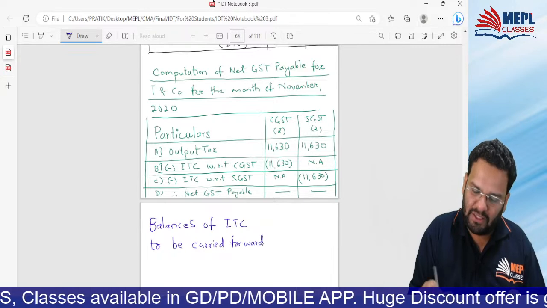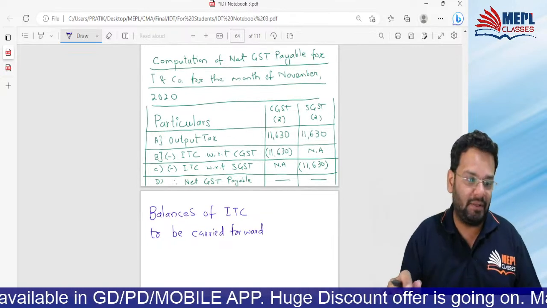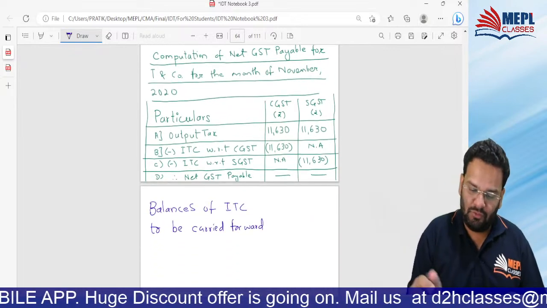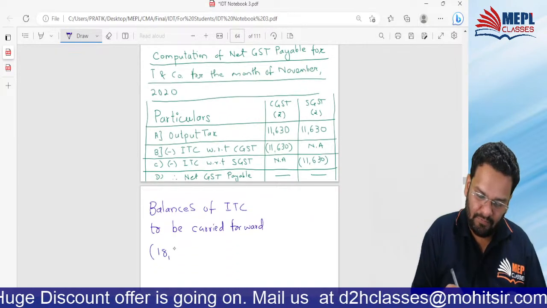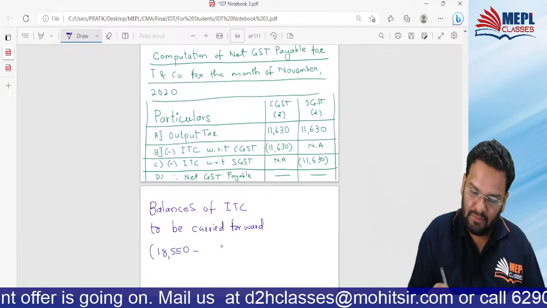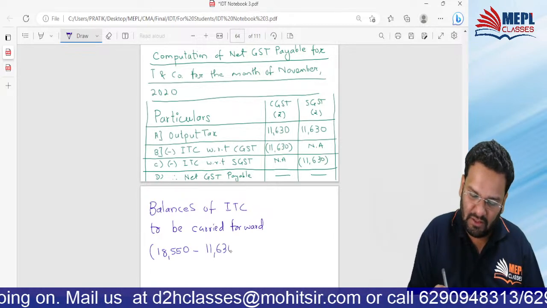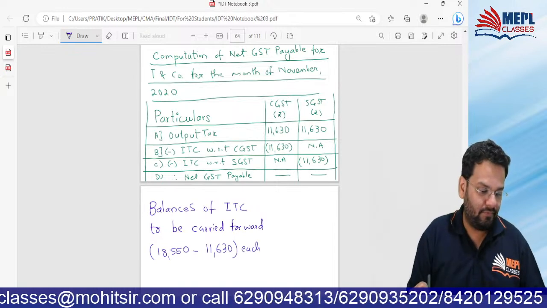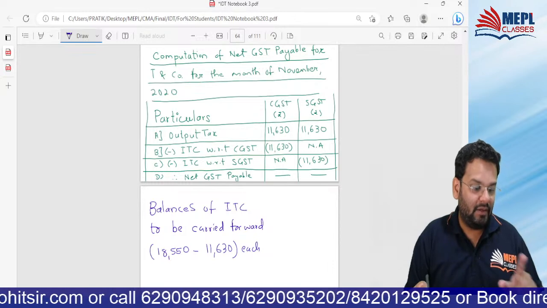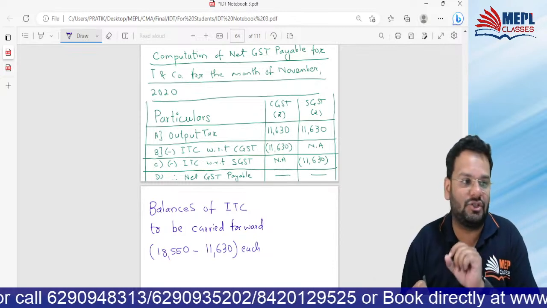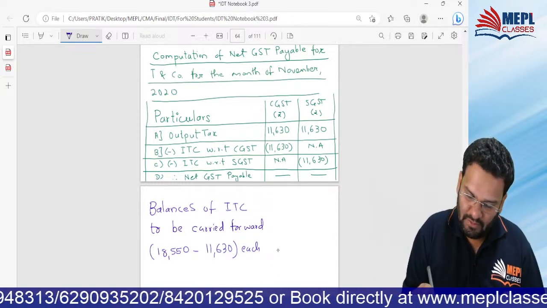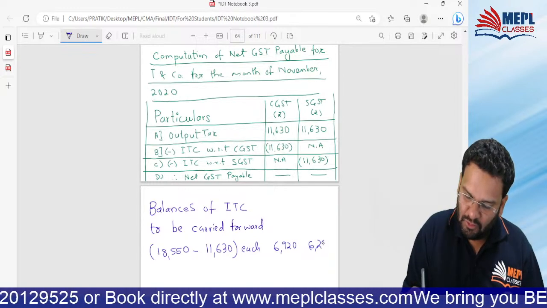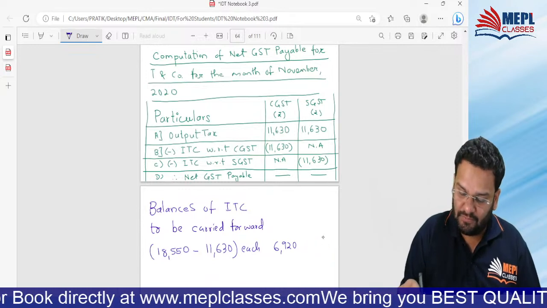Balances of ITC to be carried forward. Very simple. 18,550 was the ITC, but we have used only 11,630. So balances of ITC to be carried forward is 6,920 each.